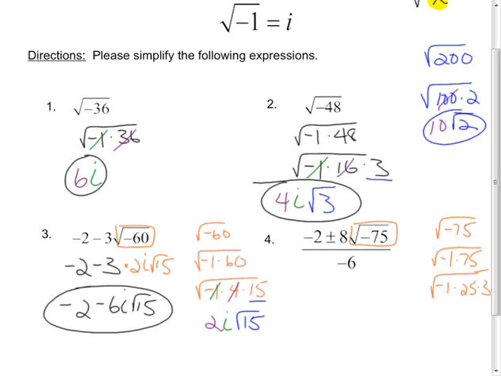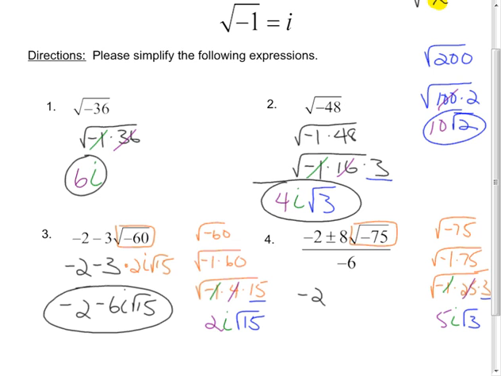Again, always respecting that every line of my writing is just rewriting the same expression. They're all equivalent. And then that leaves me with saying that the square root of 25 is 5. The square root of negative 1 is i. And then the square root of 3 is just the square root of 3. So I need to reinsert that in the problem.